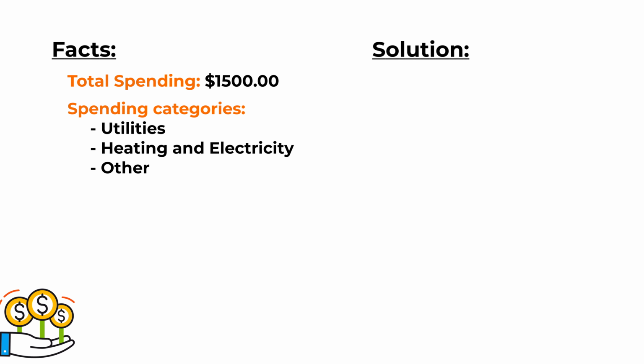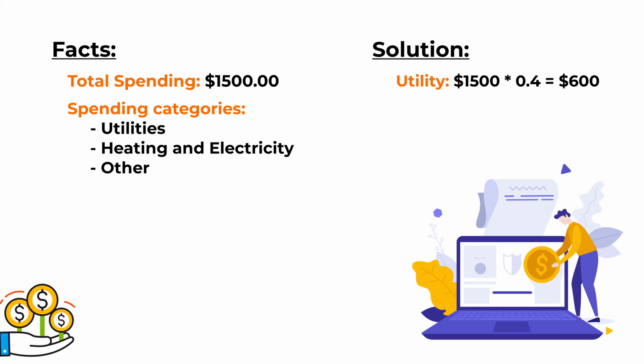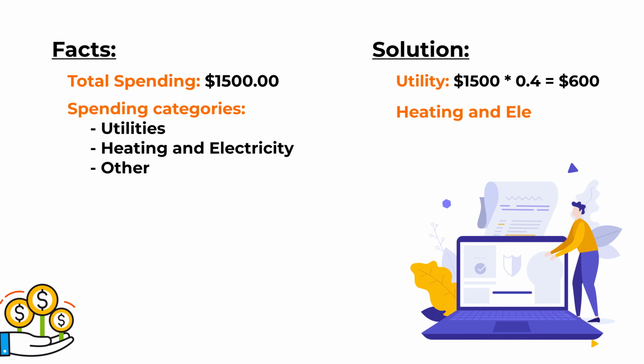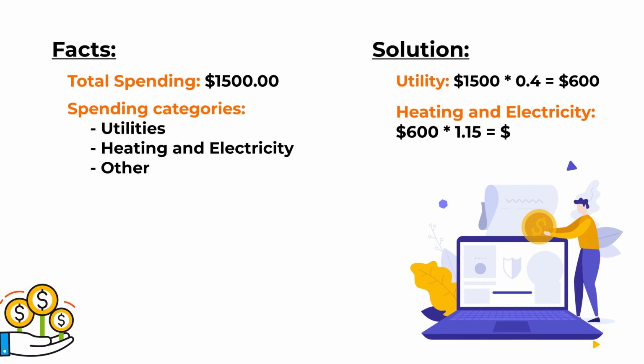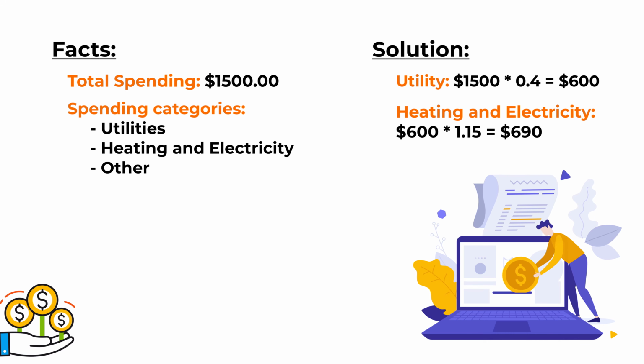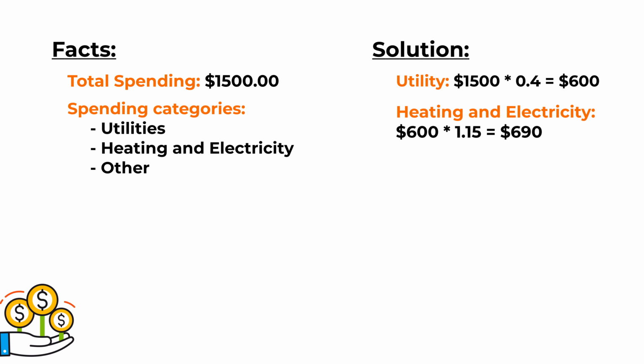To calculate the amount spent on utilities, we need to multiply 1,500 by 0.4, and the end result of this is $600. Heating and electricity bill is 15% more than utility spending. So to calculate heating and electricity, we need to multiply 600 by 1.15, and the end result of this would be $690.